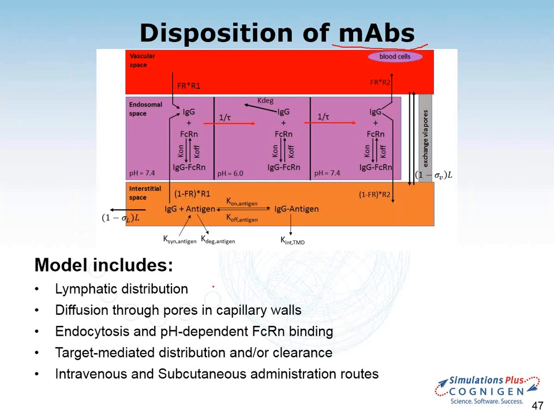And the processes that we include are the standard processes relevant for the PK of monoclonal antibodies: lymphatic distribution, the convective flow through the pores in the epithelial cells, fluid phase endocytosis, so drug getting through the endocytosis, ending up in the endosomes from the plasma space or the interstitial space, FcRn binding as a protective mechanism against degradation in the endosomes, and also target-mediated distribution and clearance.